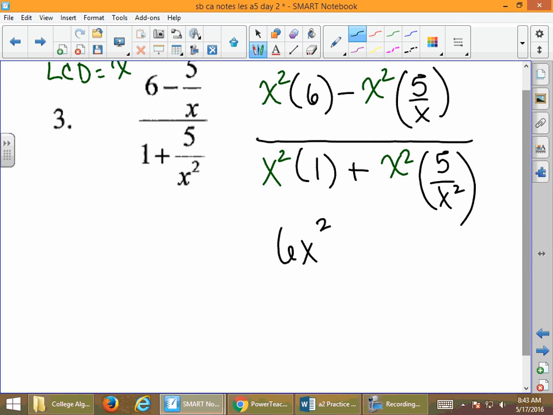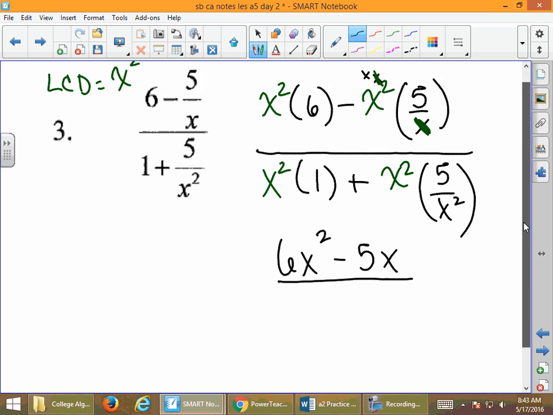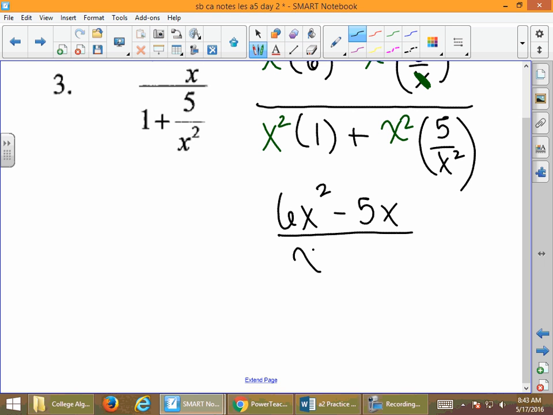But over here, and if you need to, remember, x squared is x times x. There's two of them. So when we cancel here, what happens is that one of the x's cancels. So we're left with x times 5, which is 5x. Down here in the denominator of our complex fraction, we have x squared times 1, which is just x squared.